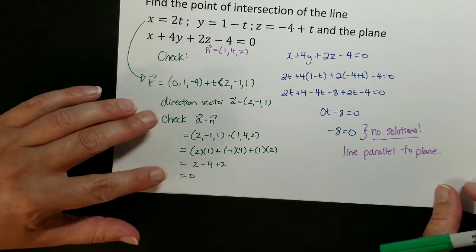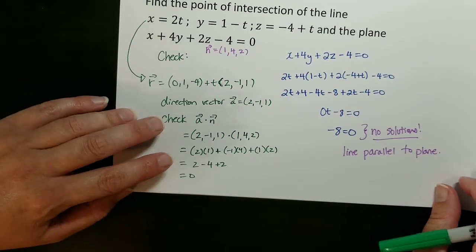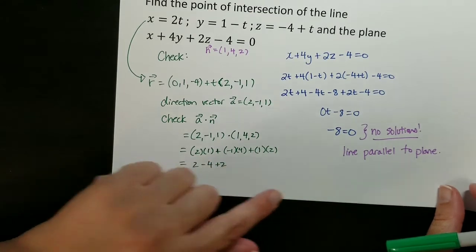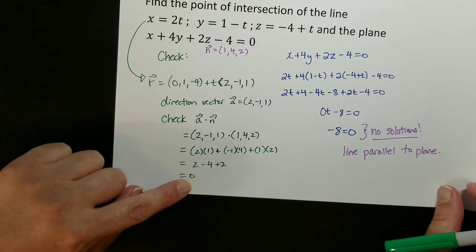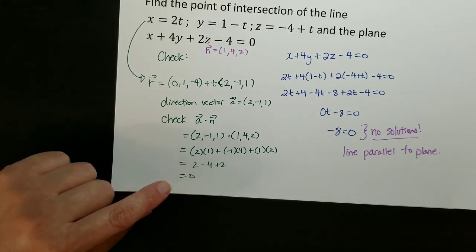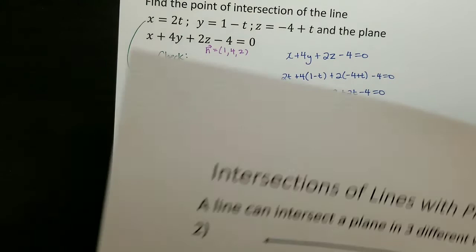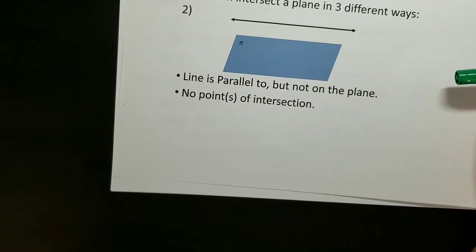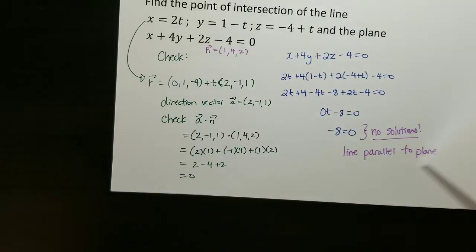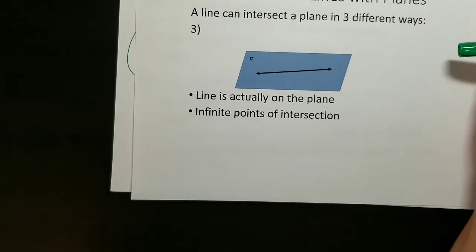This check is not an alternative to solving here. If you checked and got this equal to 0, you still don't actually know which of the 2 cases it's going to be, because it might be the case where it's parallel but not on the plane, and it might be the case where it's directly on the plane.